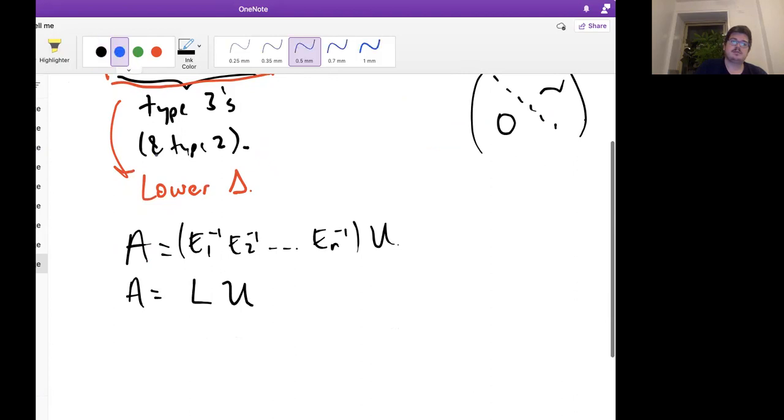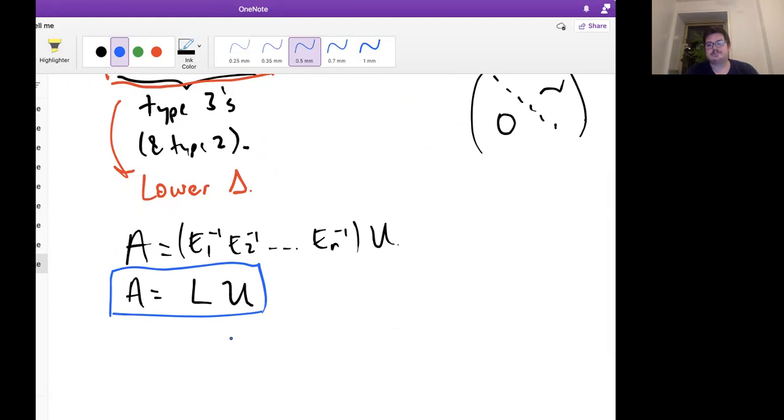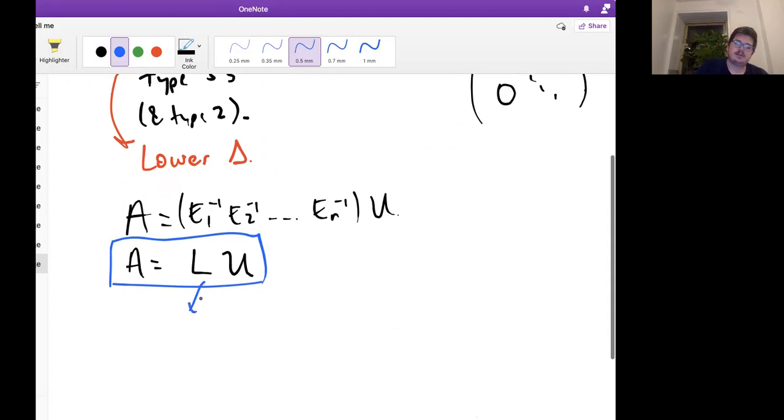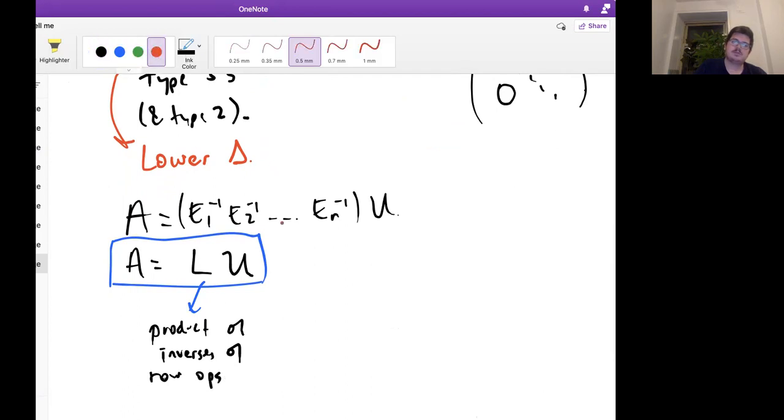So we have factored a matrix into lower times upper. So the lower triangular is the product of inverses of row operations. Upper is row echelon form.